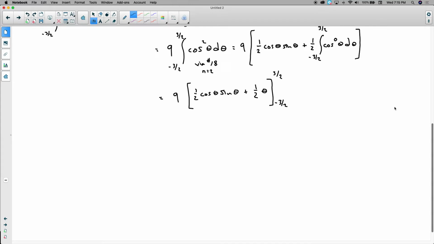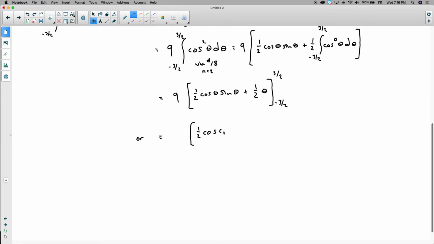If instead of going from negative 3/2 to 3/2, I just went from 0 to 3/2, putting in 0 would be really super convenient. Now that would just be the top right hand quarter of the ellipse versus the top whole thing.